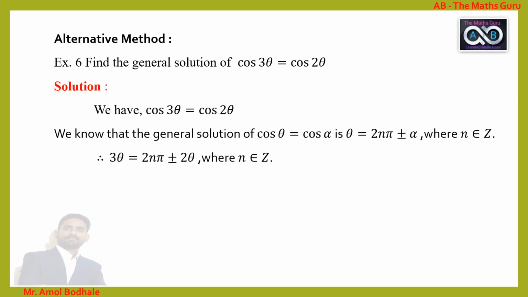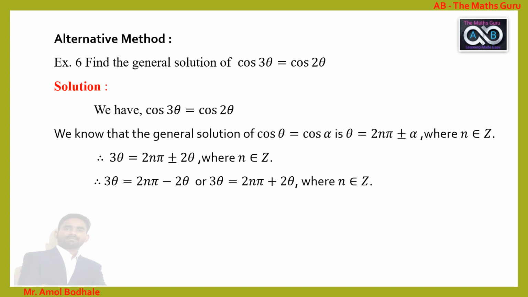So we can write theta replaced by 3 theta, that is 3 theta equal to 2 n pi plus or minus, and alpha replaced by 2 theta. So again here we get plus 2 theta or minus 2 theta. That means we can write 3 theta equal to 2 n pi minus 2 theta, or 3 theta equal to 2 n pi plus 2 theta.